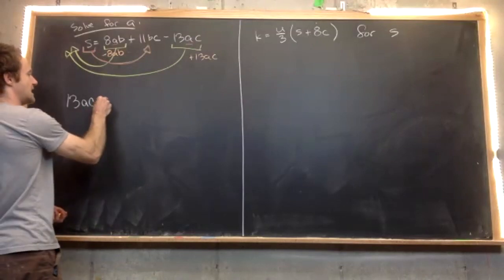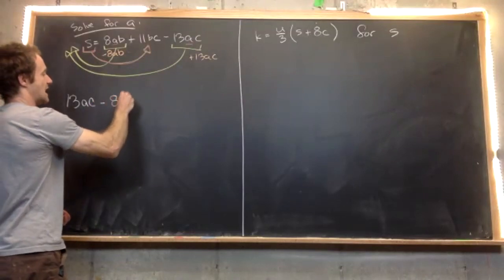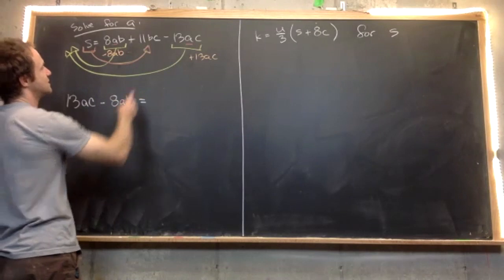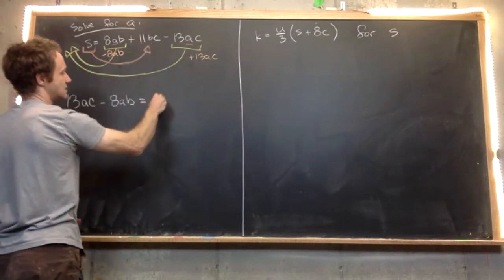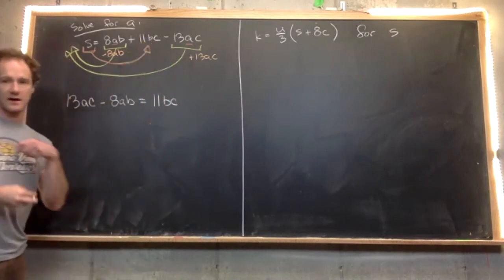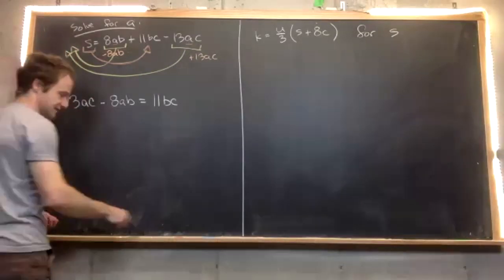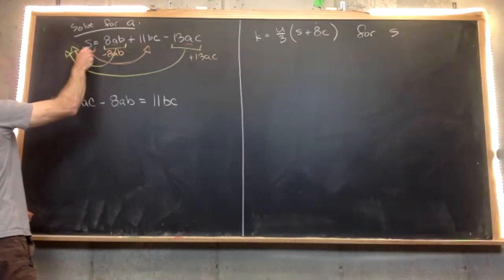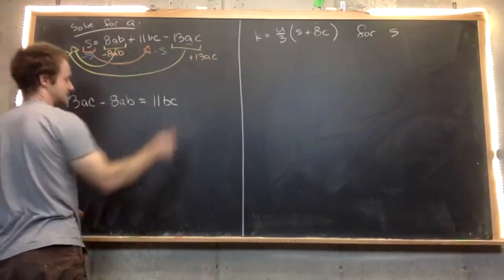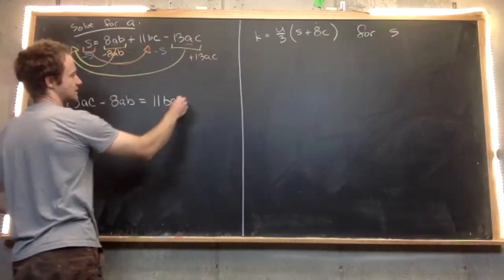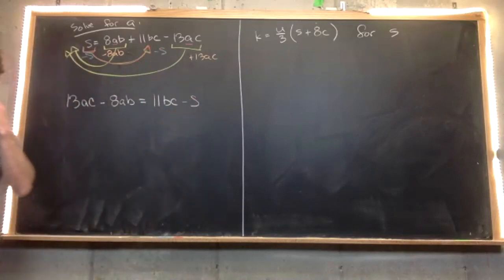So it's going to be minus 8AB equals, so now we've got this 11BC that was already there. And then we need to subtract this S over, so that was part of the game as well. So we'll do minus S. So it's going to be something like that.